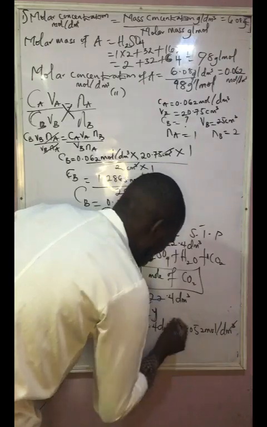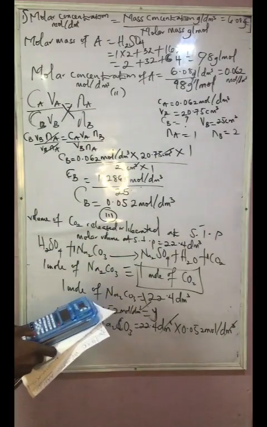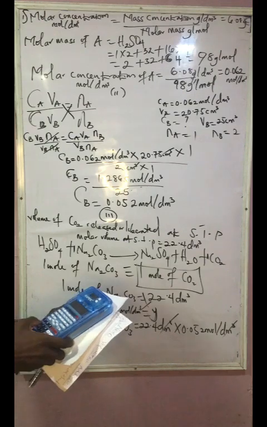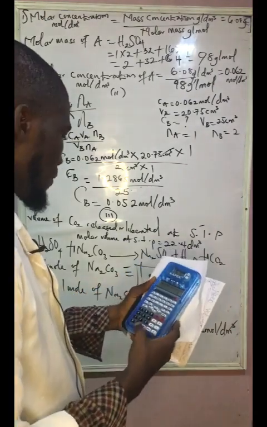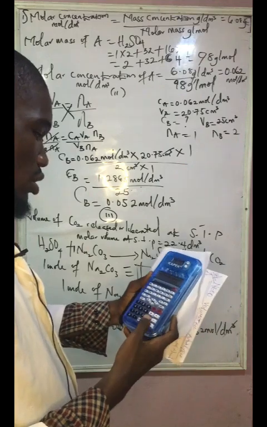The dm cube will cancel the dm cube. So 22.4 times 0.052.